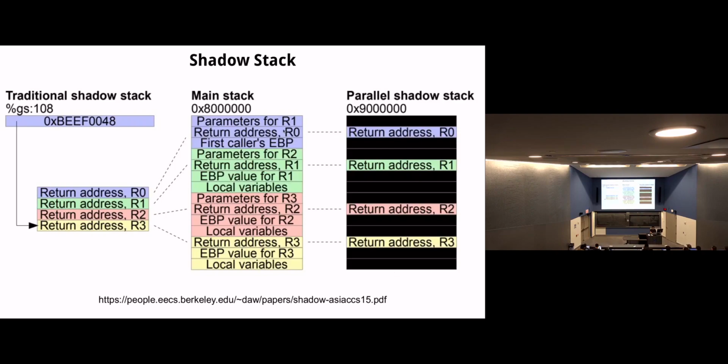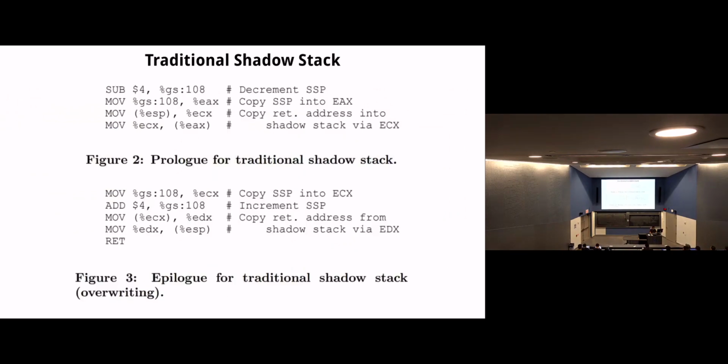But between the return address on the main stack and the return address in the shadow stack, there is a fixed offset. Because it's a fixed offset at the binary level, when you write the code, it will be much faster. So here we can see some examples.